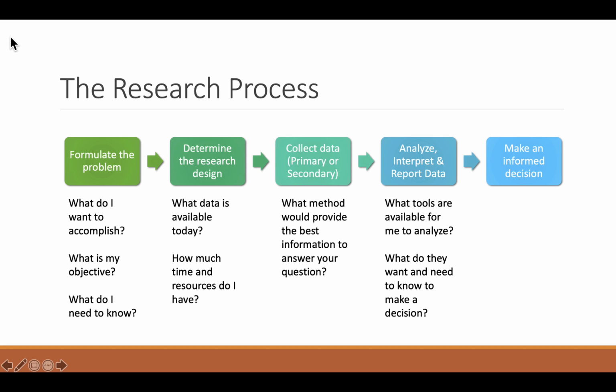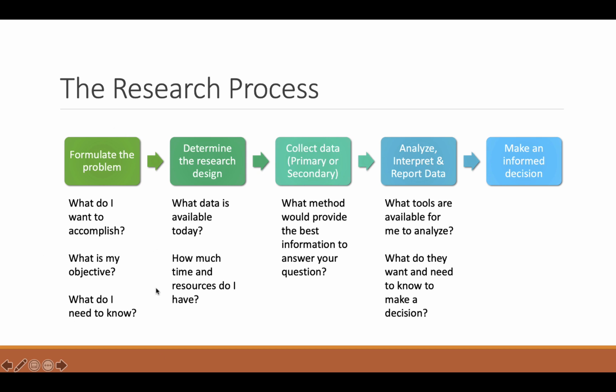Primary data, again, meaning the things that you have created, that you have surveyed on your own or collected on your own, versus secondary research, which is articles and different types of research journals, etc., that have been done by somebody else. Not until we do that do we analyze and interpret the data and then finally make a decision.